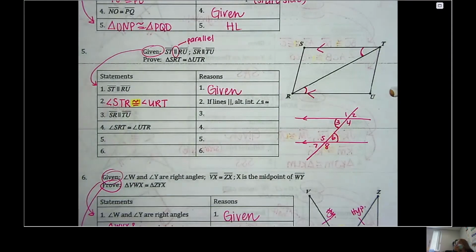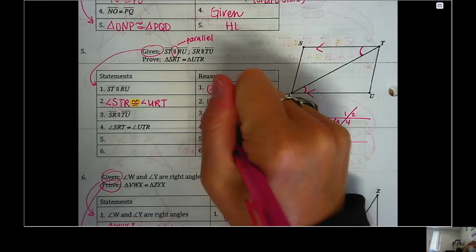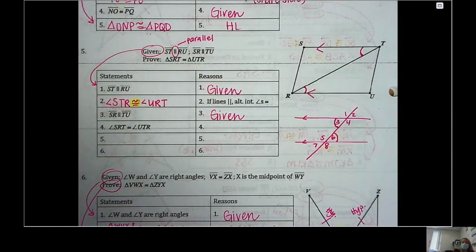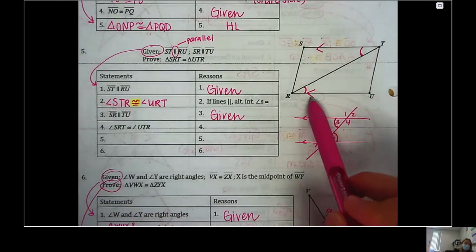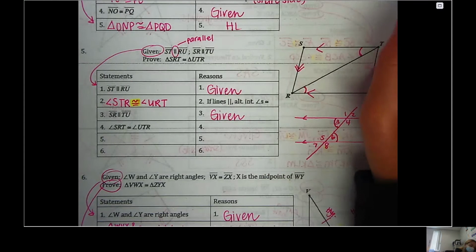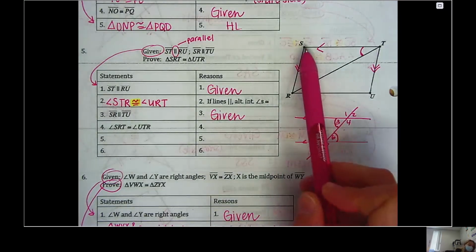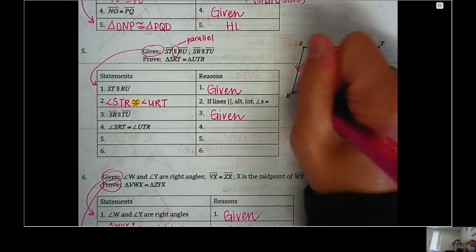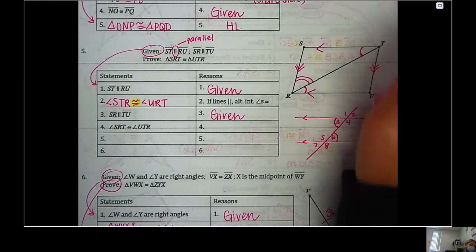My next statement says SR is parallel to TU. How do you know that? It's given to you again. Good. Now I'm going to mark those 2 lines as parallel. SR, TU. Instead of using 1 arrow, I'm going to use 2 arrows. Okay, now it's the same thing. Angle SRT, this angle right here, put 2 arc marks, is congruent to angle UTR, this one over here.